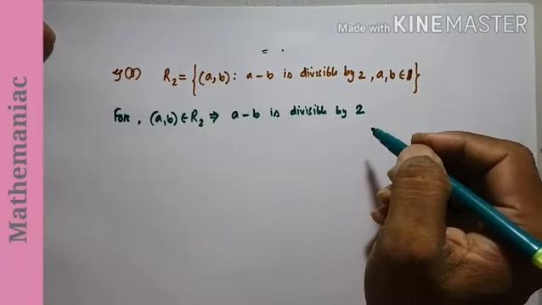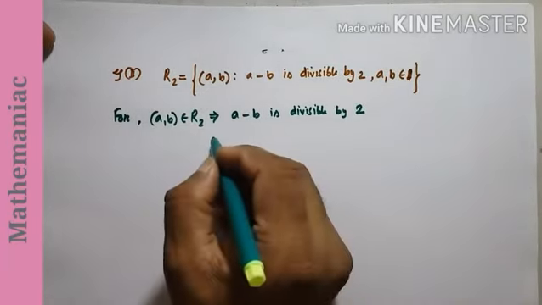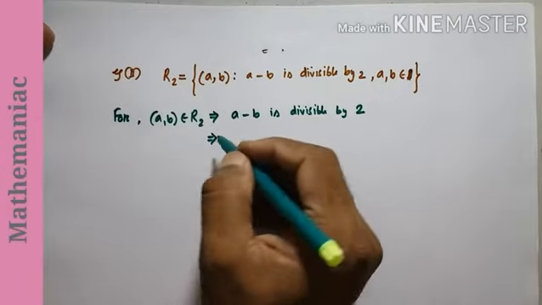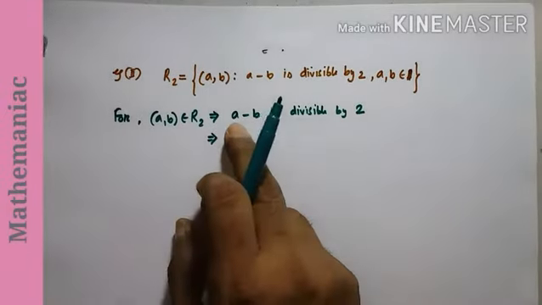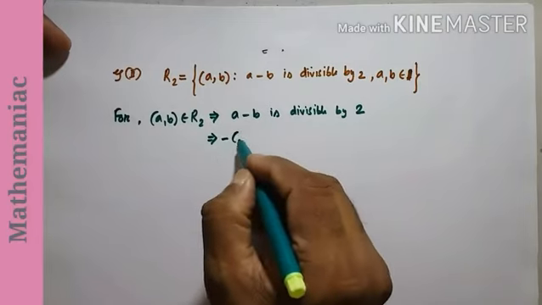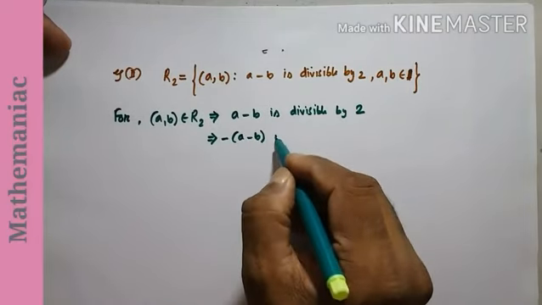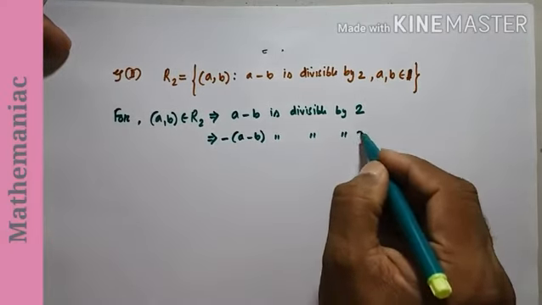Very nice. If it is divisible by 2, can we say that the negative of this number will be also divisible by 2? Yes, we can say easily that this is also divisible by 2.